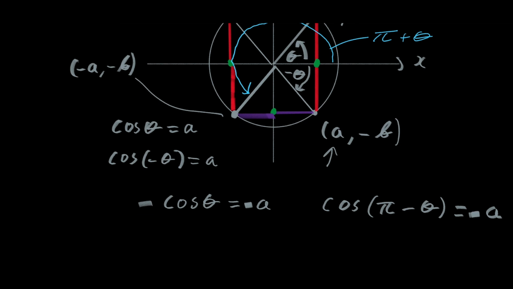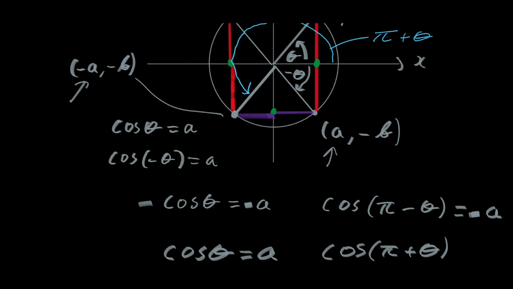Now we know that cosine of theta is equal to a. We also know that the cosine of pi plus theta, if you just look at the diagram, would be negative a.